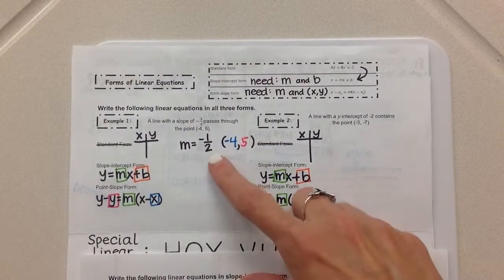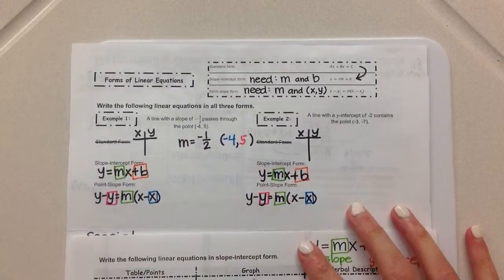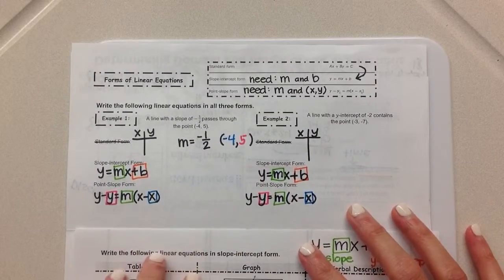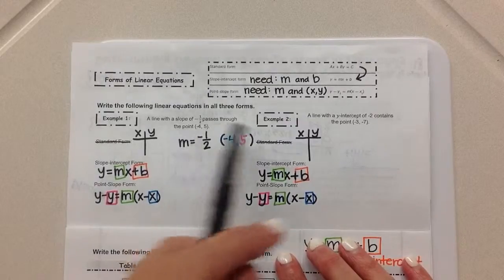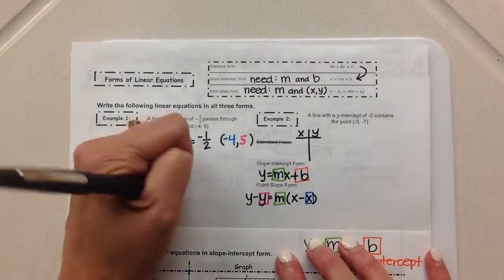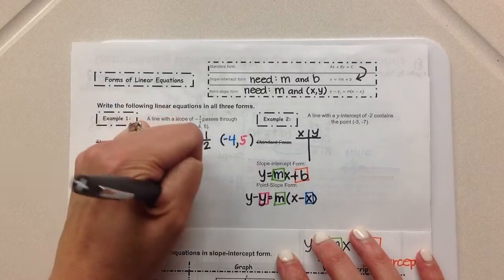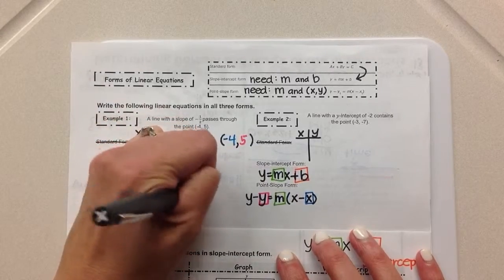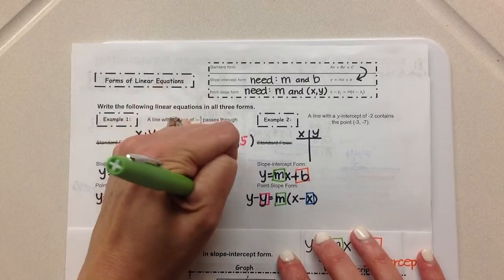Since they've given me a point and a slope, I'm going to plug that into our equation for point-slope, because that's why it's called point-slope format: those are the things you need to write this equation. So we're going to plug in a 5 where y1 is, so we have y minus 5 equals, now I'm going to plug in my slope, which is -1/2.